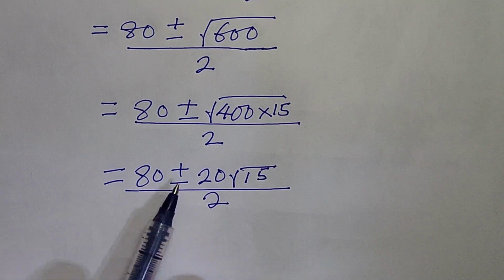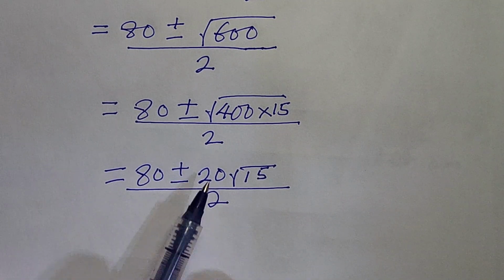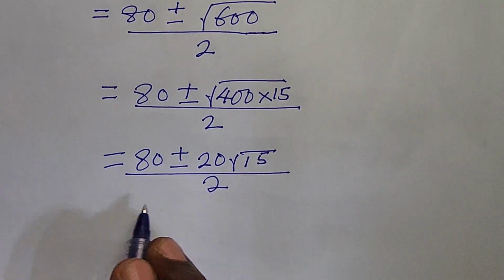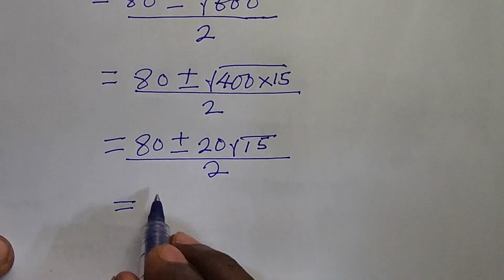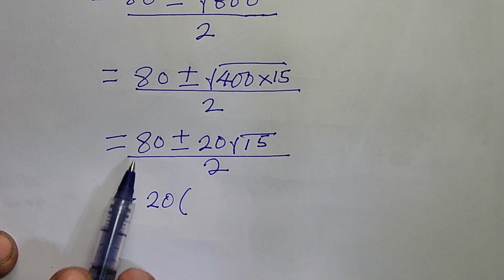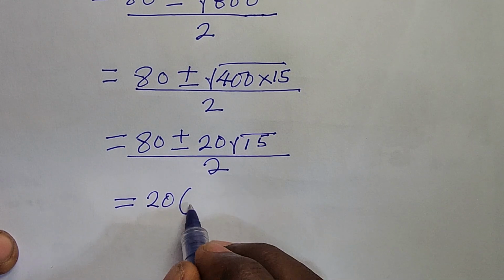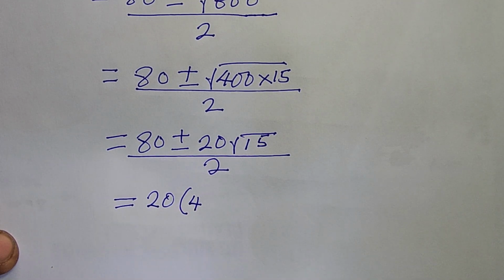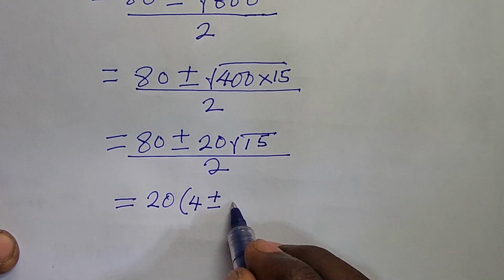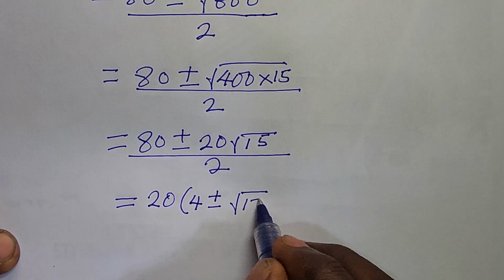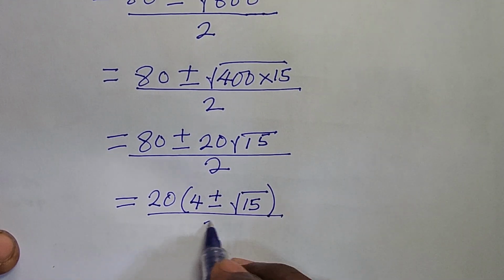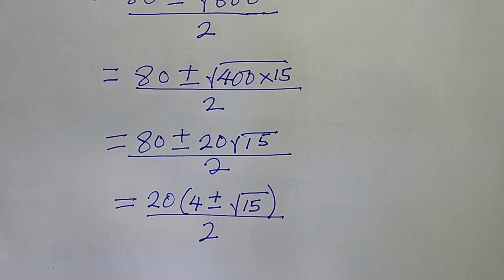We can factor 20 from this expression now. Yes. So let's go ahead and factor 20 out. So this is going to give us 20 into, if we use 20 to divide this, it will give us 4, then plus or minus, use 20 to divide this, it will give us 1. So we are left with the square root of 15, bracket, all over 2.